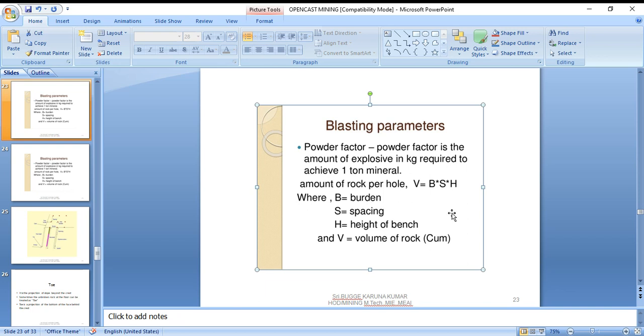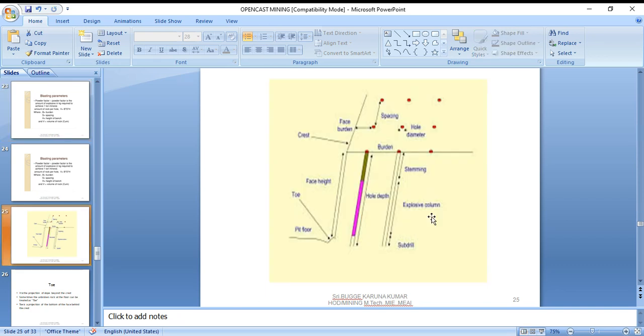The volume of the rock can be calculated by this. So burden is there, spacing is there, depth is there, so here we get the overall volume. For one kg of explosive, how much volume we get is called the powder factor.